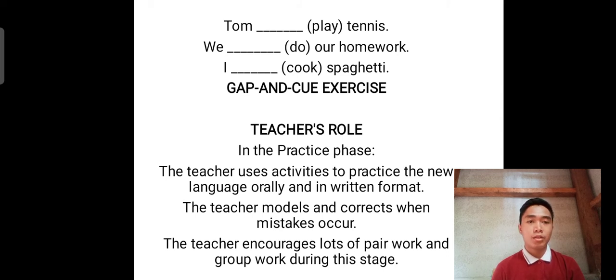And we should add ing to the verb. Sentence 1 will become Tom is playing tennis. Second, we are doing our homework. And the third, I am cooking spaghetti.